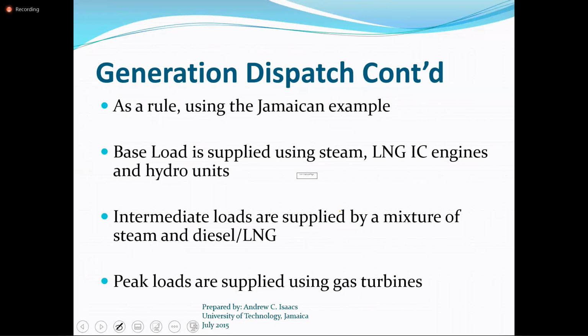But here we're talking about internal combustion engines, all right? Or we use the term gas turbines, okay? So it could be a diesel plant, or as we are now changing all things, it could be an LNG plant or unit.